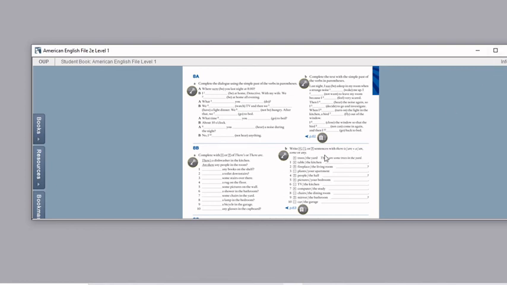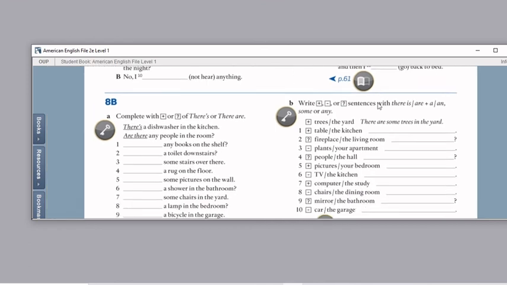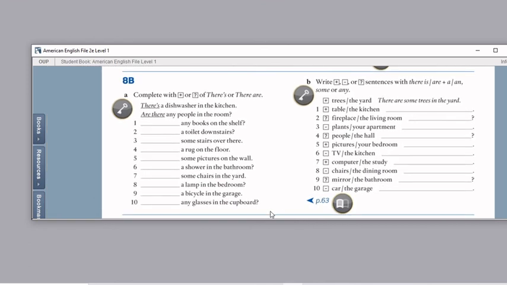Now we have 8B, page 139. Letter A, complete with an affirmative or interrogative of there is or there are. Example, a dishwasher.